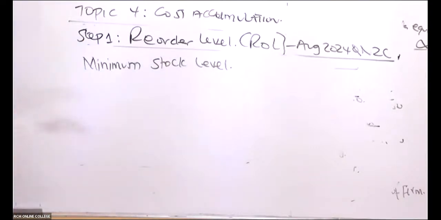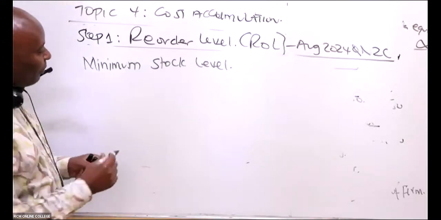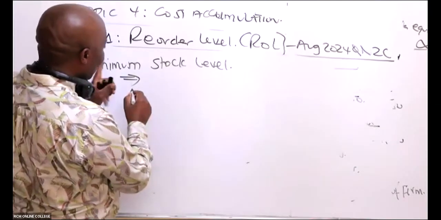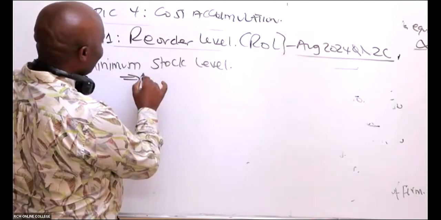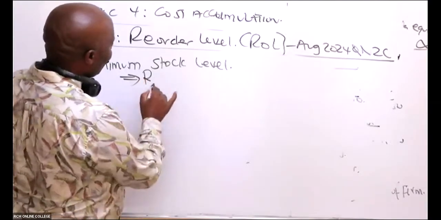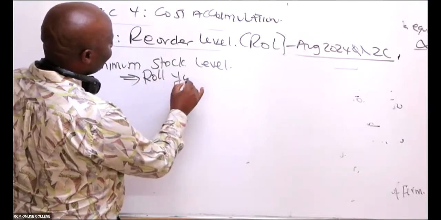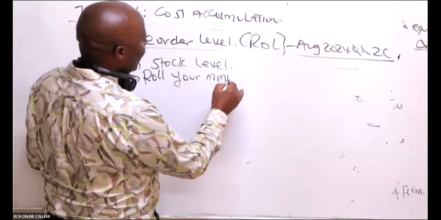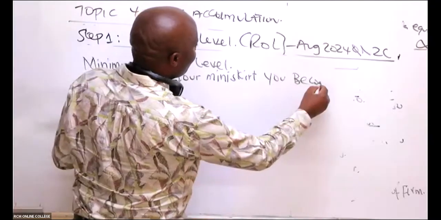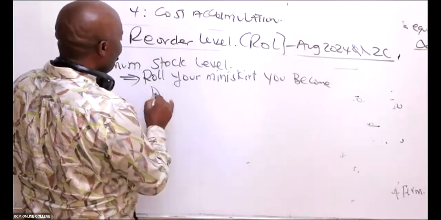So minimum stock level, ladies and gentlemen, for you to be able to remember this, we normally use some acronyms, but you must take my acronym seriously. You see this minimum? If you roll your miniskirt, you become average.